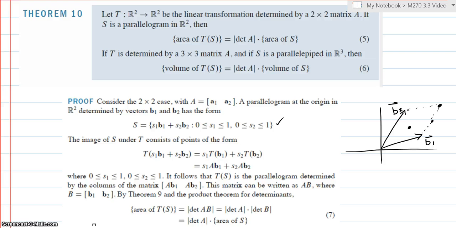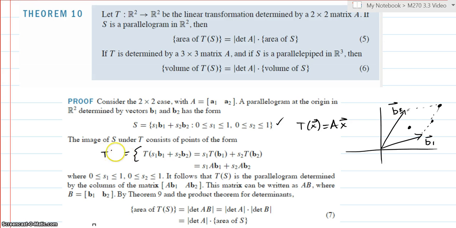So the image of S under T consists of the points in this form. So let's just find T of a point in here. And because it's linear, we can write it this way. And this is the definition because we know that T of X is going to be AX. So we get this. And that, by the way, is T of S. So we could have written this in set notation too.